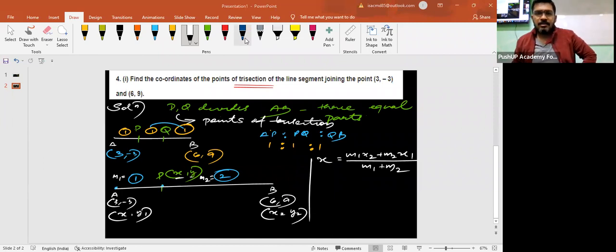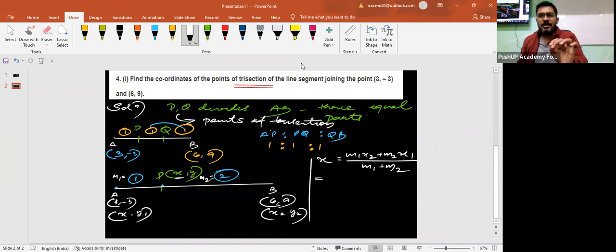And after you write the values or after you substitute the values into the formula, please double check whether the substitution is correct or not.